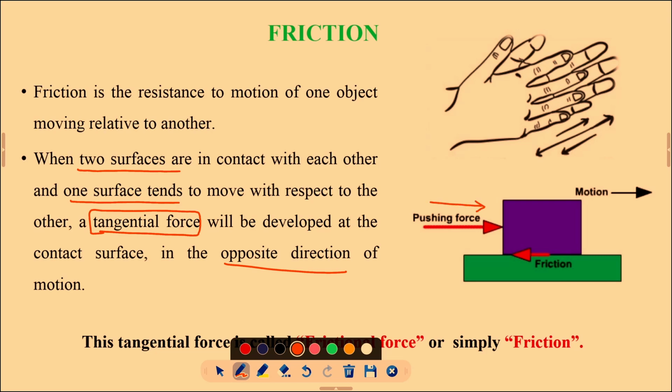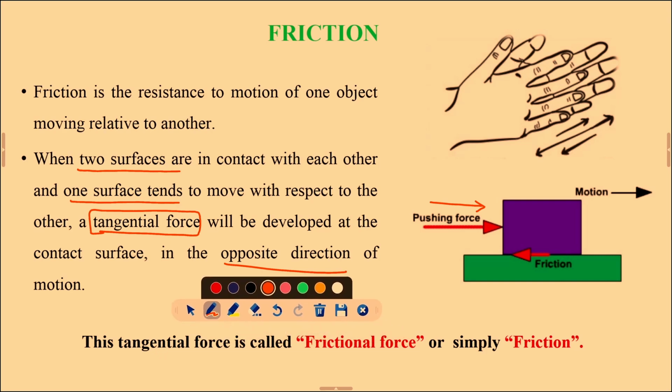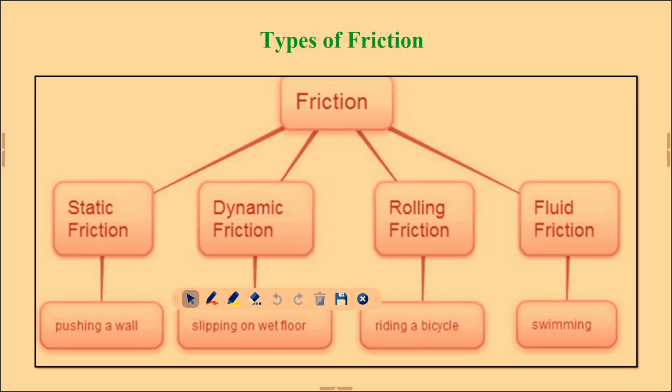What will happen? It will tend to move from left to right, but the friction on the surface will try to act in the opposite direction of motion. So, this is a simple example of friction. And one more thing, this tangential force we can call frictional force, or we can simply call it as friction.